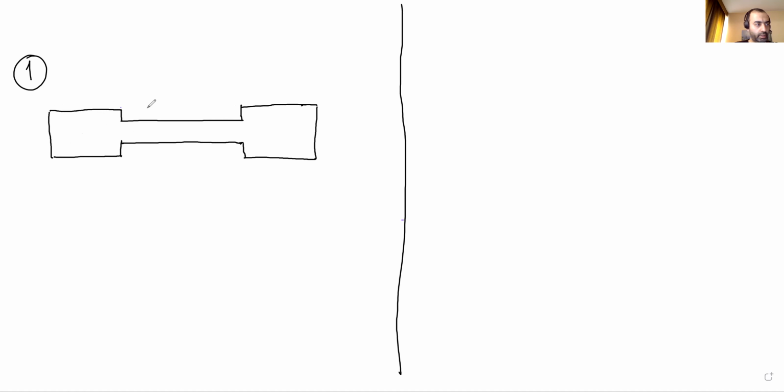Okay, we have a stick like this, and all the sections are circular. Here we have a circular section and another circular section here. We apply a P here, axial load.